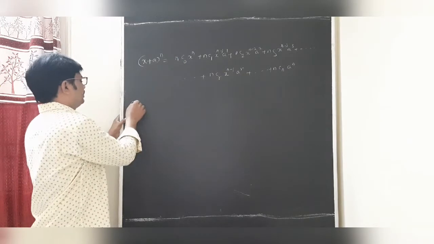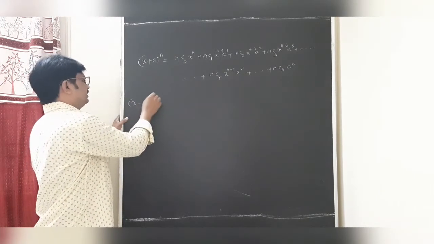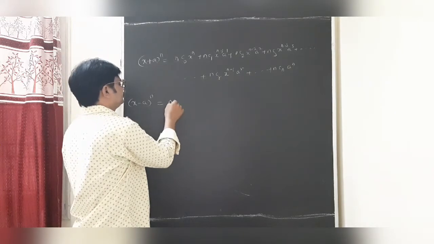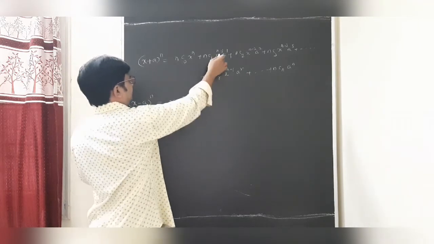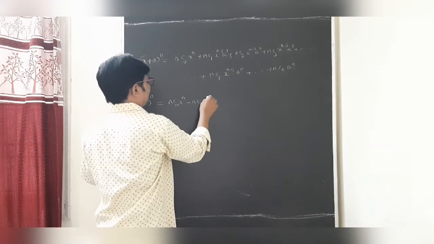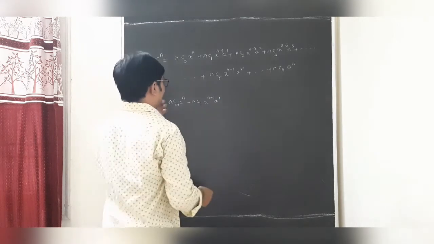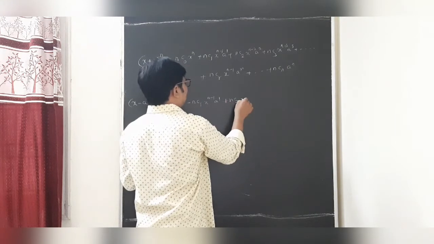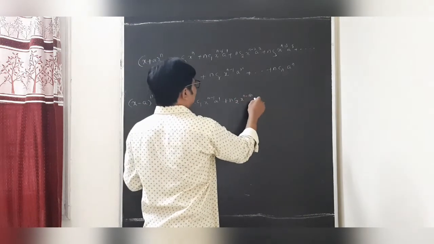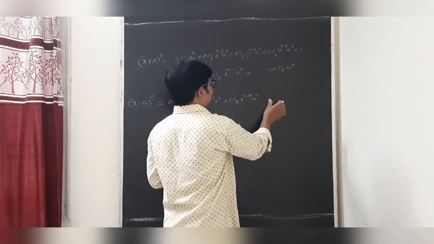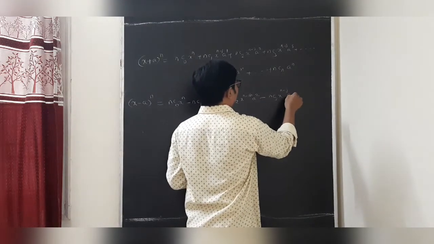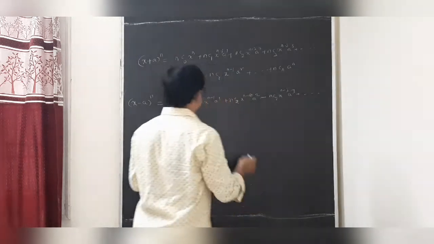So, students, when we replace a by minus a, this is nC0 x^n minus nC1 x^(n-1) a^1 plus nC2 x^(n-2) a^2. So, students, minus nC3 x^(n-3) a^3, and so on.